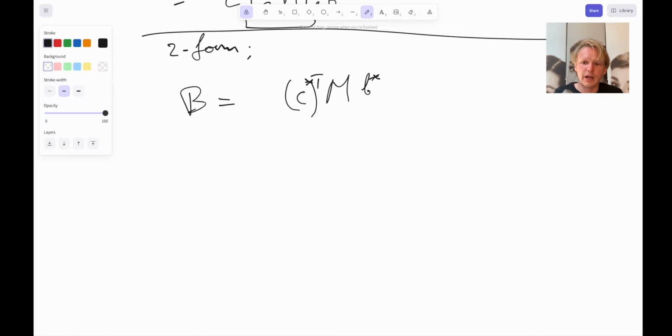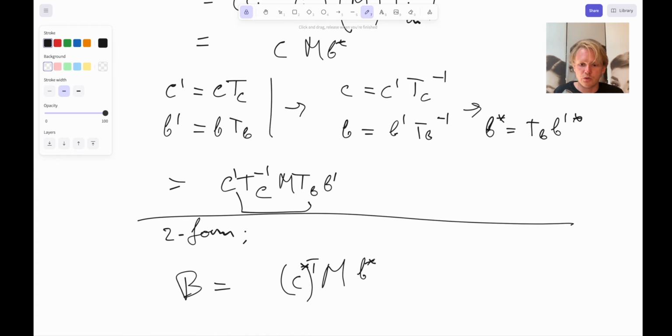Now we learned that to change bases, we just multiply by matrices, C prime star, and you basically get by substituting C prime star M, Tb, B prime star, right?